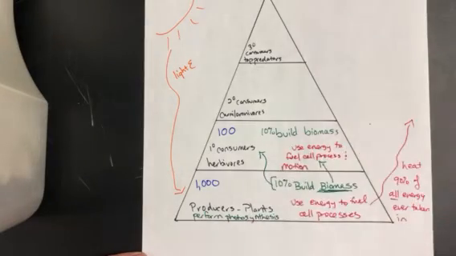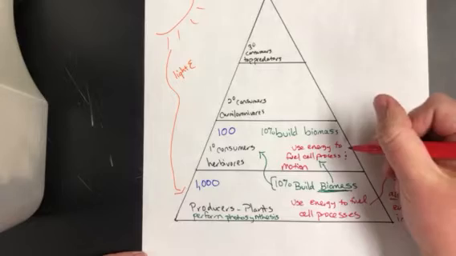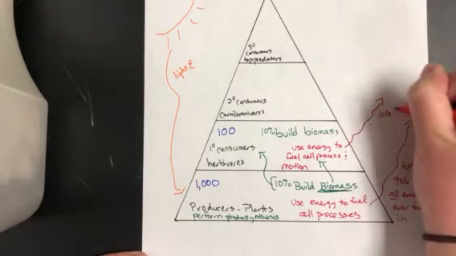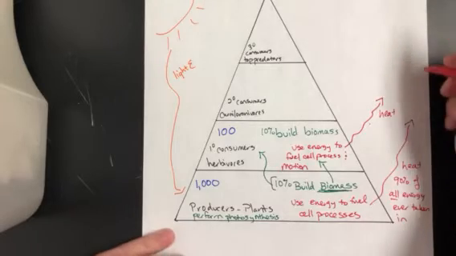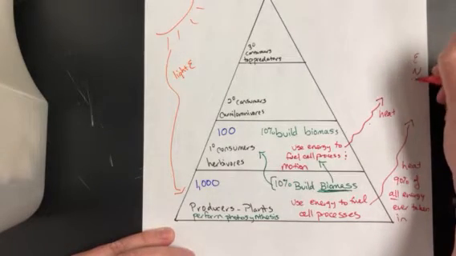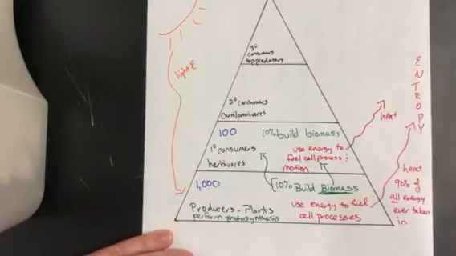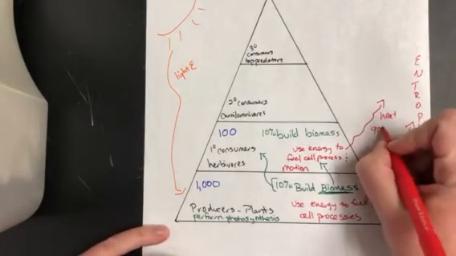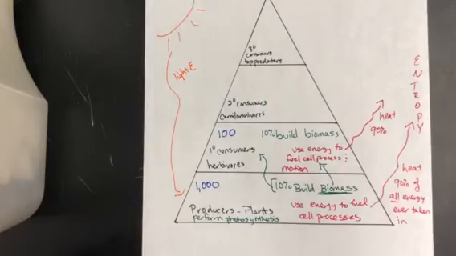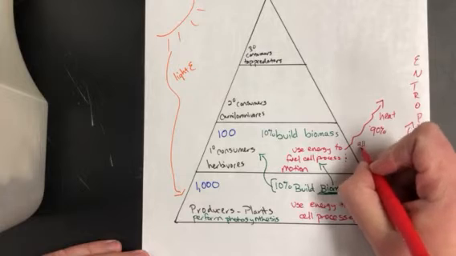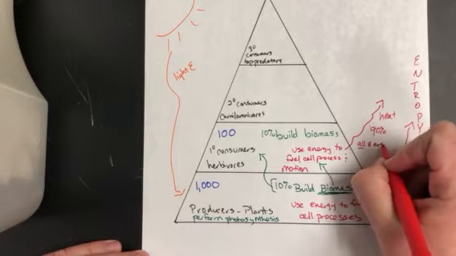They're running, they're jumping, they're swimming, they're flying, whatever they're doing. And all of that used energy is lost as heat due to entropy. This is 90% lost as heat. And when we're talking about energy, this is all the energy those primary consumers ever took in. This counts all energy ever taken in.